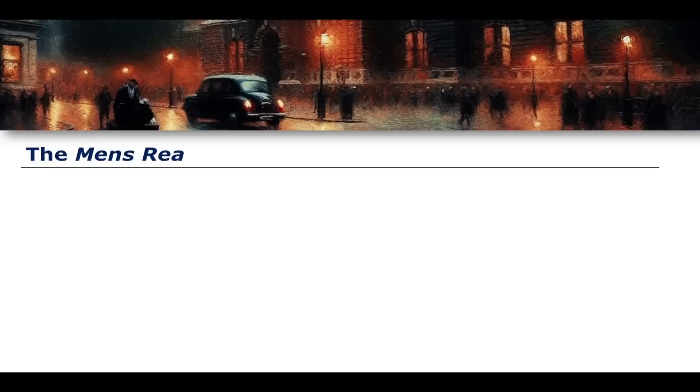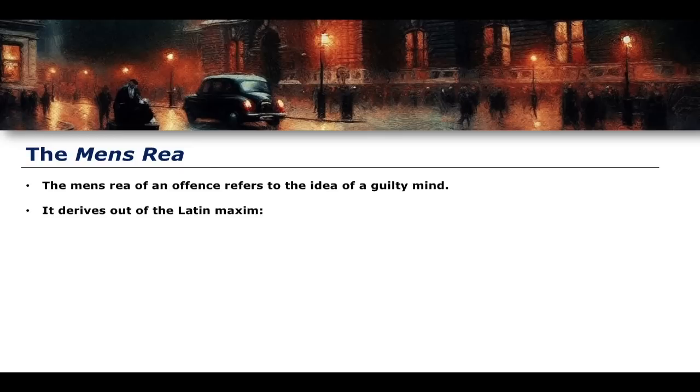The mens rea is a slightly different part of the criminal offence. It is the reference to the idea of a guilty mind. It derives out of the Latin maxim actus non facit reum nisi mens sit rea, which I've probably pronounced in a terrible way. I don't speak Latin very well.